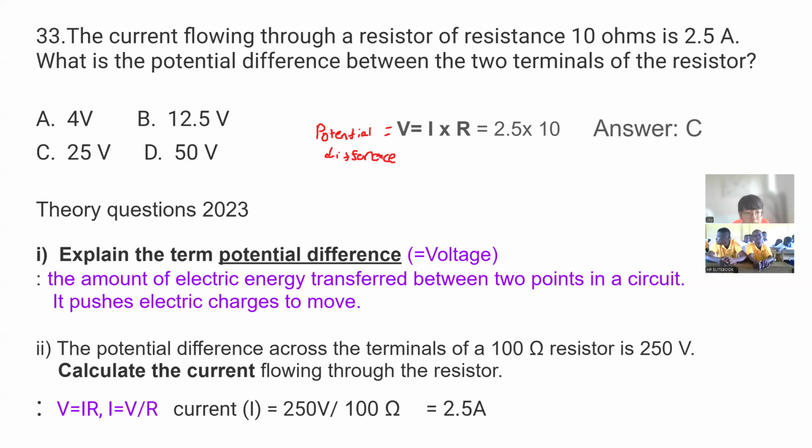If this is making sense, we can try to solve this theory question. It asks us to explain the term potential difference. Always know that potential difference equals the voltage. And what's the voltage? The voltage is the amount of electric energy transferred between 2 points in a circuit.